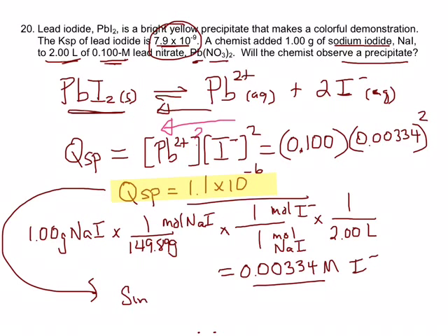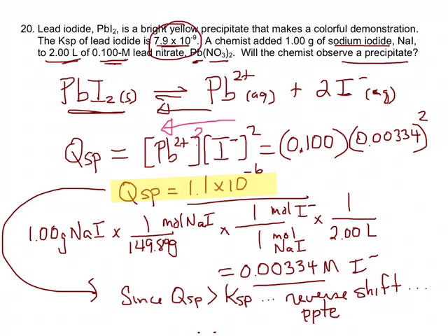So since the QSP is bigger than the KSP, we see a reverse shift in the equilibrium. And of course that means we'll have solid lead iodide forming. So we'll say precipitate, PPTE is my abbreviation, will form.